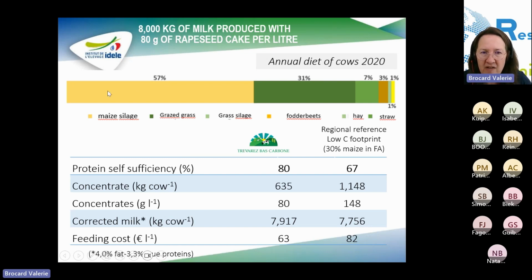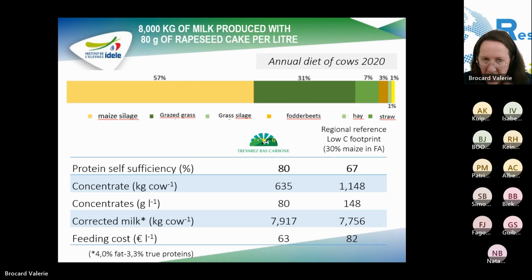So on a yearly basis, their diet is based on 57% of maize silage, 30 or 31% of grazed grass, and then a little bit of grass silage. We had an experiment of fodder beets, so there are a few kilograms of fodder beets as well in their diets, but most of the diet is based on maize silage and grazed grass and a little bit of grass silage in winter.